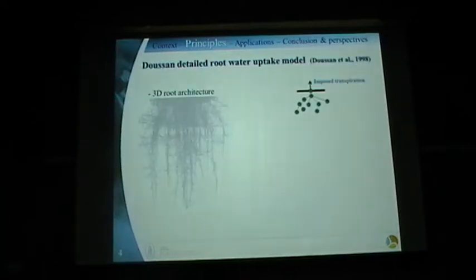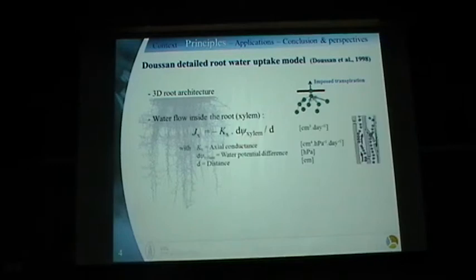So in 1998, Claude Doussan had the idea to develop a root water uptake model that really takes into account the water dynamics inside the root systems, so from the soil root interfaces to the stem. And for that, he used very complex 3D root architectures.